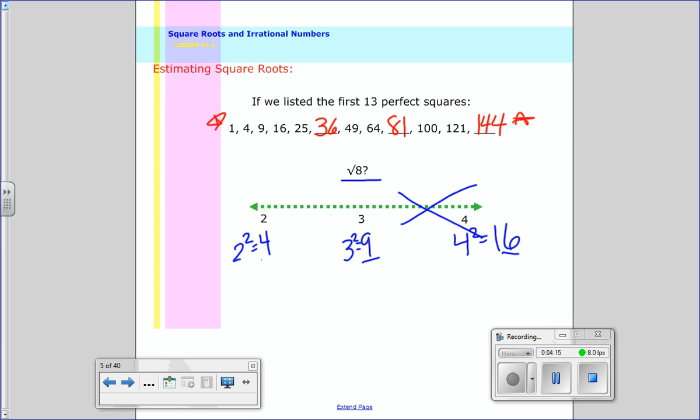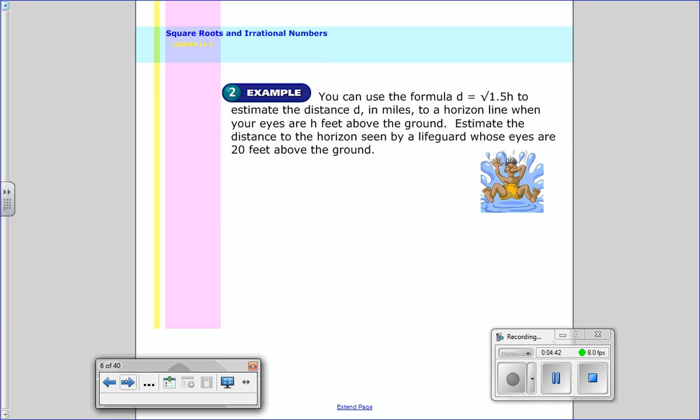It is between 2 squared and 3 squared, though, and it's really closer to 9. The square root of 8 would be right before the square root of 9, which is 3. The square root of 4 would be 2, and so on. So if we were to estimate the square root of 8, we would say that it's approximately 3 because it's much closer to 3 than 2. So there's that piece.